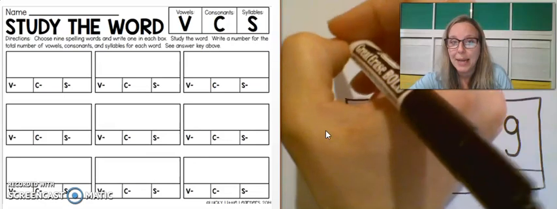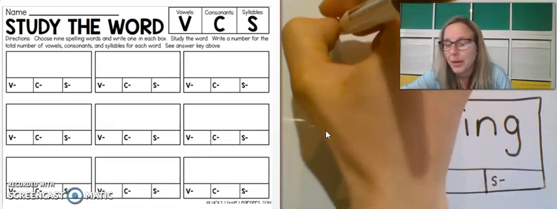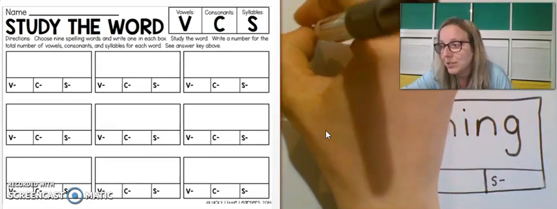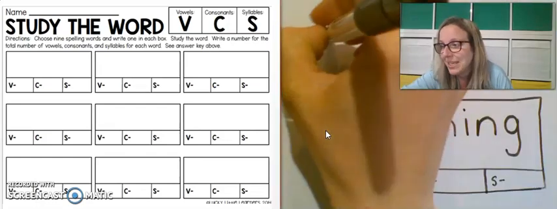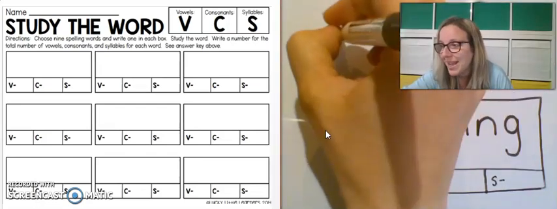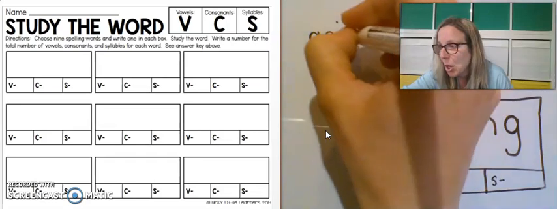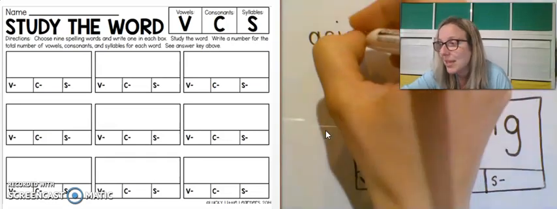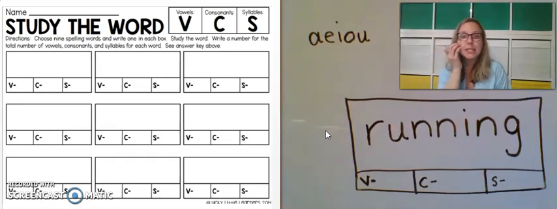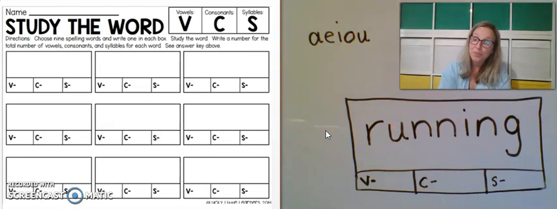Now up here at the top, just to remind you, I will write our vowels: A, E, I, O, and U. So anytime I see an A, E, I, O, or U, I can count it as a vowel. The rest of the letters then are my consonants.